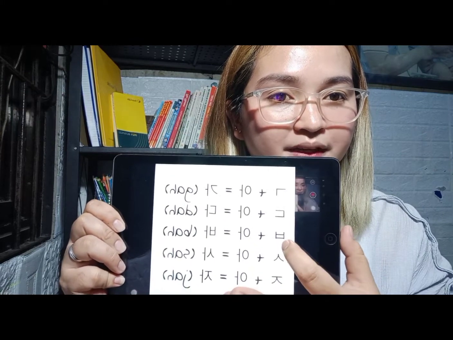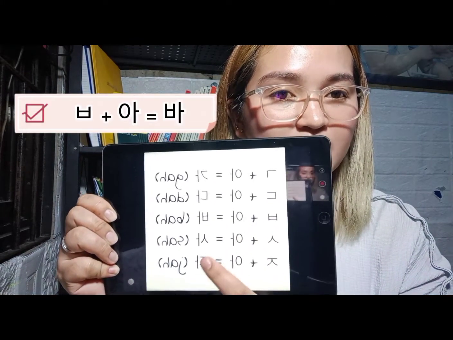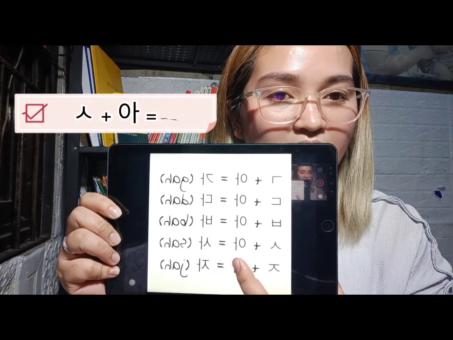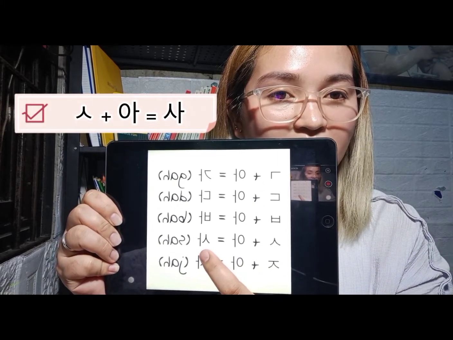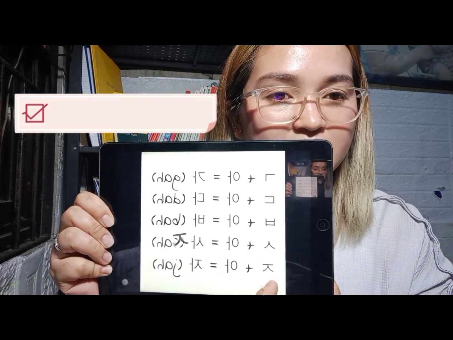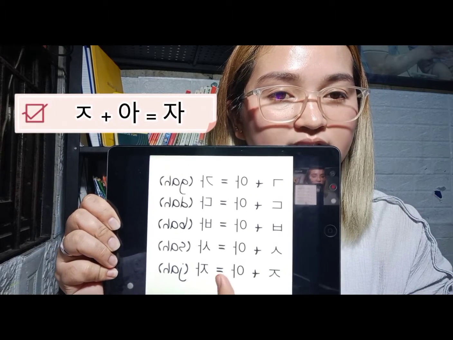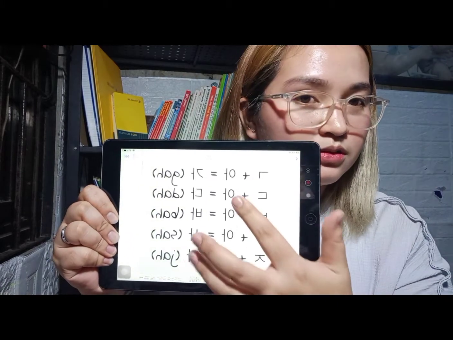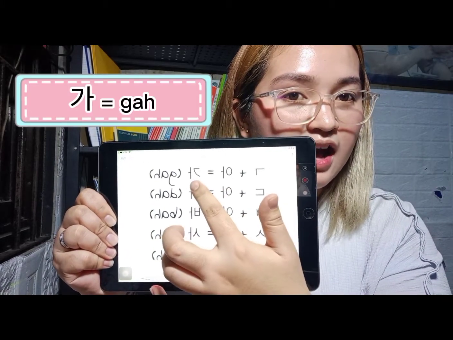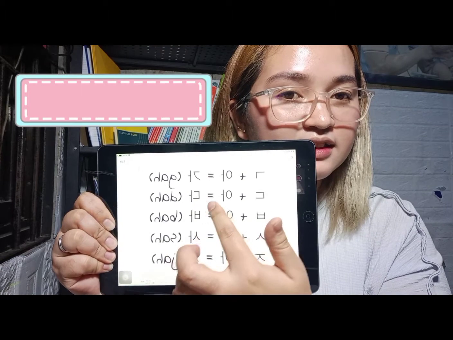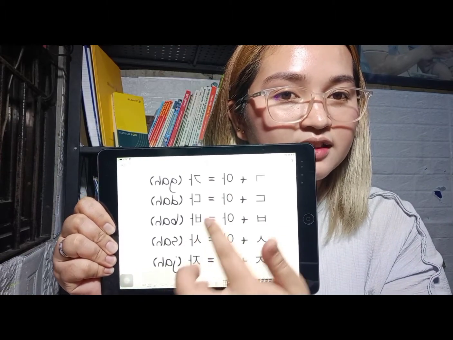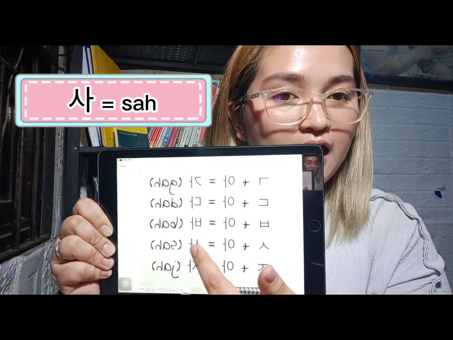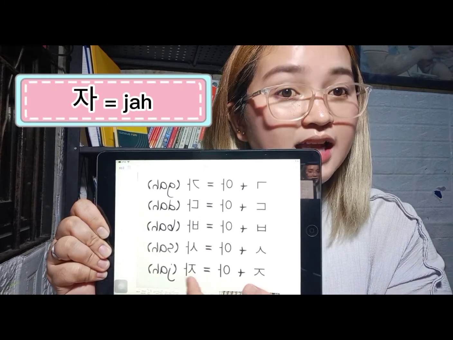Piyuk plus a equals pa. Shiut plus a equals sa. Chiut plus a equals cha. So, this is ka, ta, pa, sa, cha.